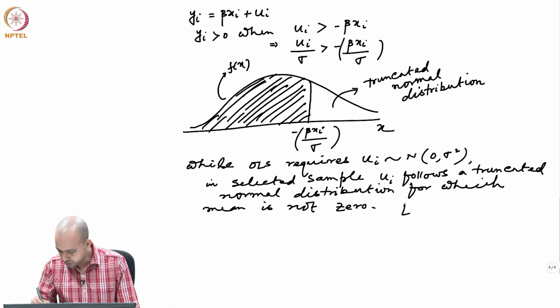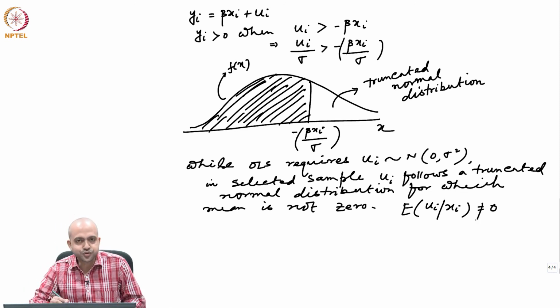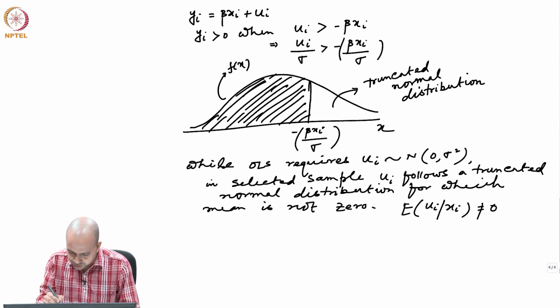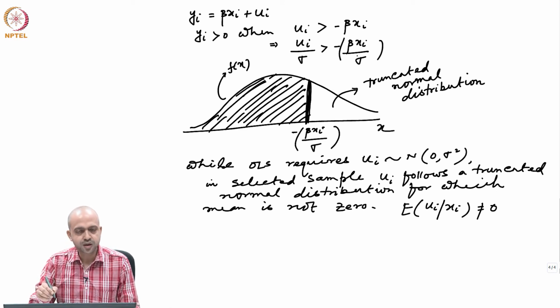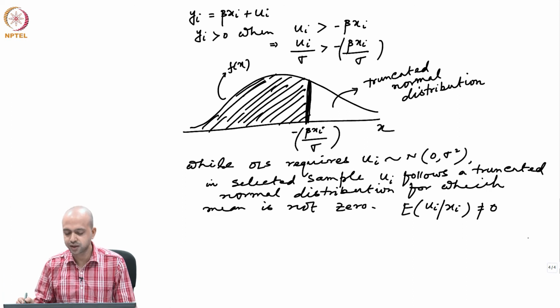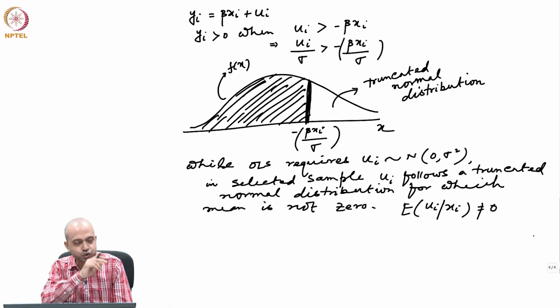So, the expectation of ui given xi, which we said is 0, is here not equal to 0, because I am not considering the entire sample, I am considering only this part. Truncation is happening here at minus beta xi by sigma. Why am I dividing by sigma? Just to ensure that this follows a standard normal distribution, nothing else. So, OLS is not applicable in a selected sample because of these two reasons.